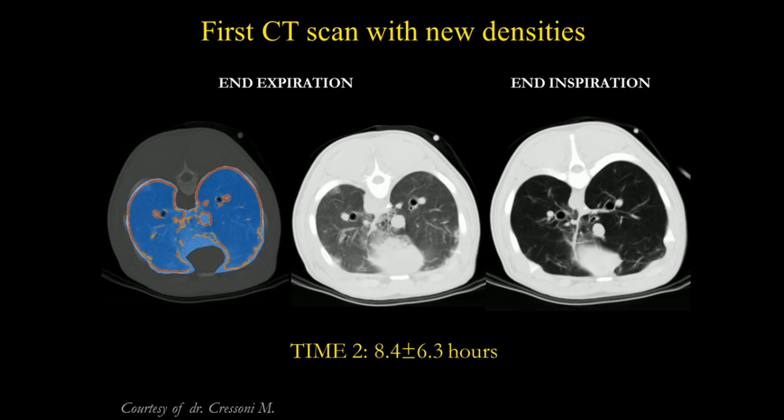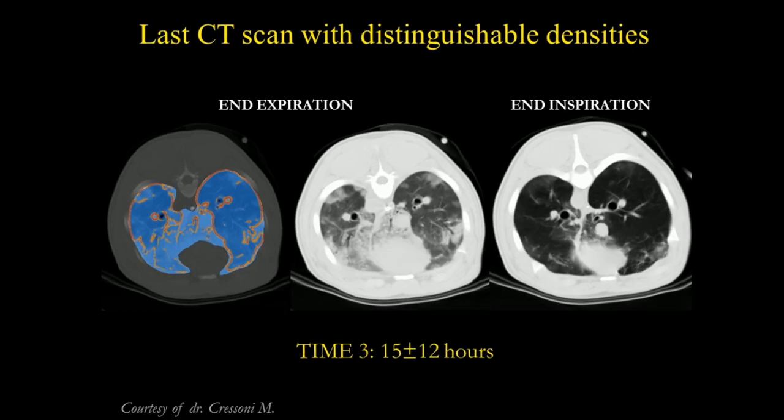Then, look here. You start here in the subpleural regions with little things that at inspiration completely disappear. Then, here at 15 hours, you see that this lesion increases and we have the appearance of many other parts.